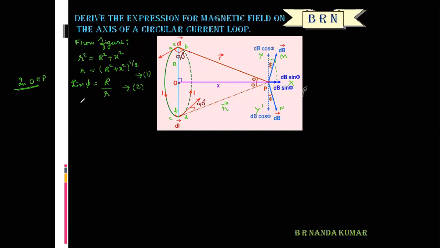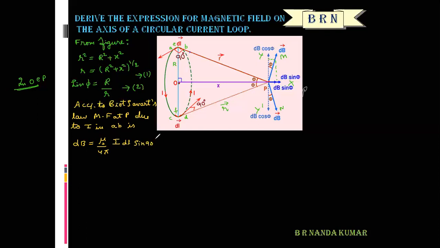According to Biot Savart's law, the magnetic field at point P due to current in the element AB is dB equal to mu naught divided by 4 pi, I dL sine theta, where theta is the angle between the dL vector and the R vector, that is 90 degrees, sine 90, divided by the square of the distance between the midpoint of the current element and the given point, that is small r.